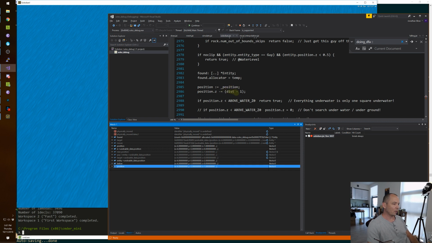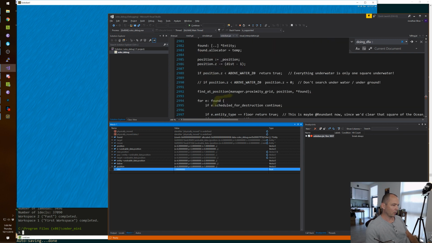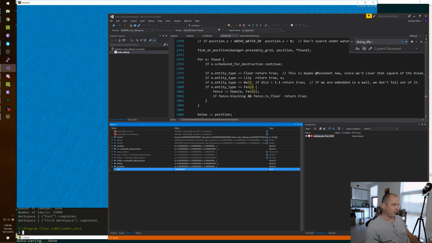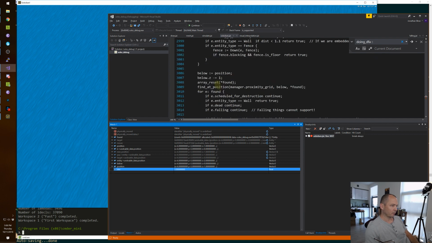This position... Okay, this is the position where we're going to. We're finding things at that position. So this is the class of things that will hold us up if they're in the same square as us. Okay, and then we go below.